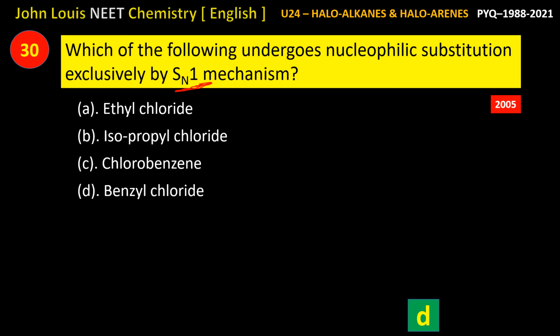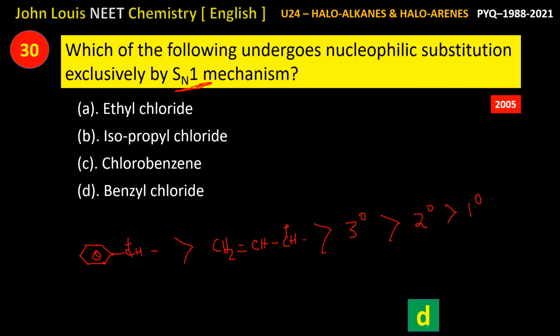The order of stability is: benzyl carbocation is more stable than allyl, CH2=CH-CH2, which is more stable than tertiary carbocation, which is greater than secondary, which is greater than primary, which is greater than methyl, CH3+. So this is the order for SN1 reaction.